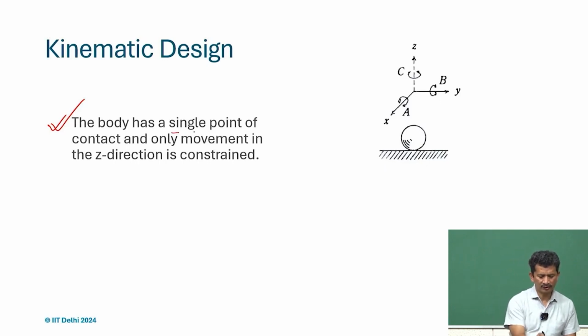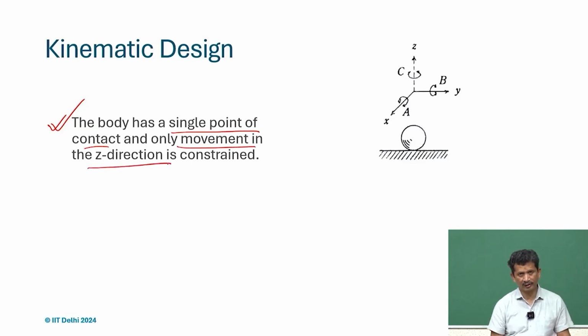So, the body has a single point of contact, and the only movement, that is in z direction, is a constraint. So, many times any kind of constraint if you are putting here, if it is dotted, it means constrained.